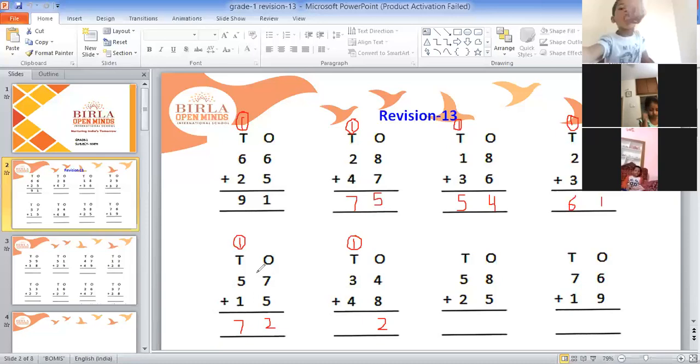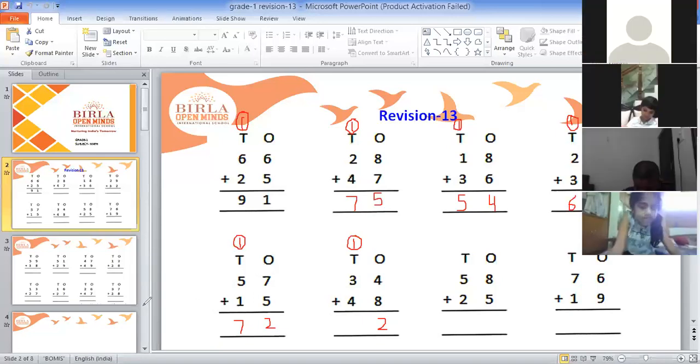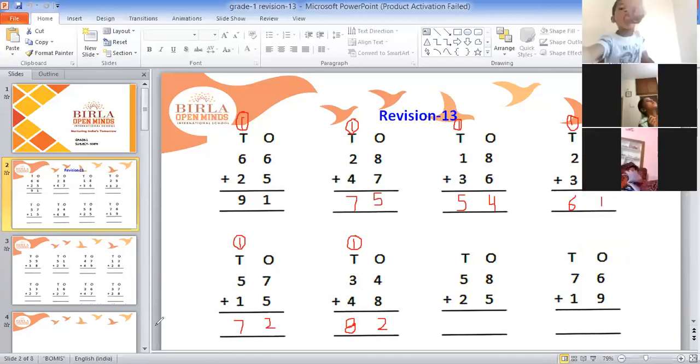Now tell me how many numbers are there in tens place? 3 numbers. Okay, fine. So now tell me 3 plus 4, how much? 7. Very good. And 7 plus 1? 8. So what is the answer? 82. Very good. That's the correct answer.